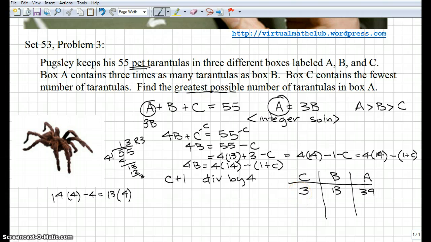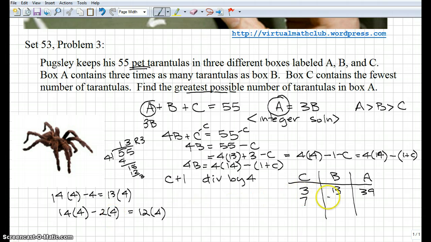Now the next possibility for c that gives us a multiple of 4 here, where c plus 1 is a multiple of 4, would be 7, because if I plug in 7, then what I will have is 14 times 4 minus 2 times 4, because 7 plus 1 is 8, so that's twice 4, and so then I get 12 times 4.